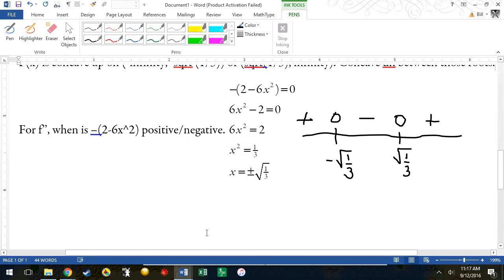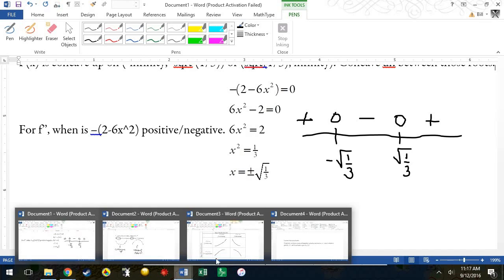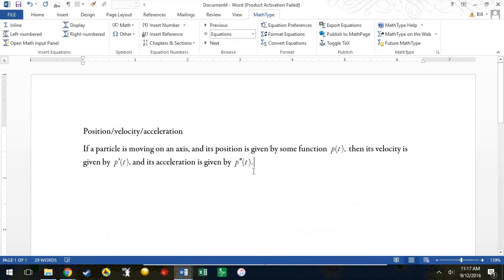One last comment and I'll be done. That's involving a particular application. I'm not going to go into a lot of detail on this right now, but if you have something whose position is given by some function p of t, we've already talked about that if you take the derivative of position, you're going to get velocity. If this is in centimeters, then velocity is centimeters per second.